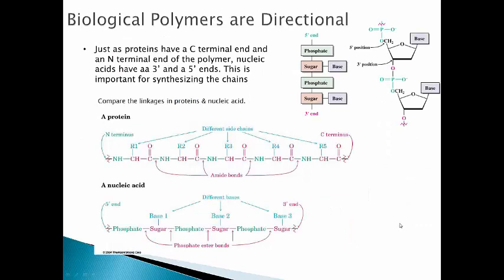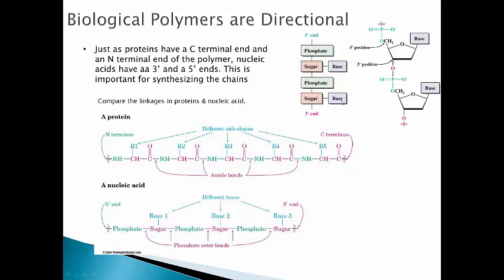Okay, again, we've talked about this before, but just pointing it out again, biological polymers are directional. With your nucleotides, your 5' end is your phosphate, and your 3' end is your sugar. So you can see here, we've got it spelt out a bit more. We've got our phosphate, we've got our sugar base, phosphate, sugar base.